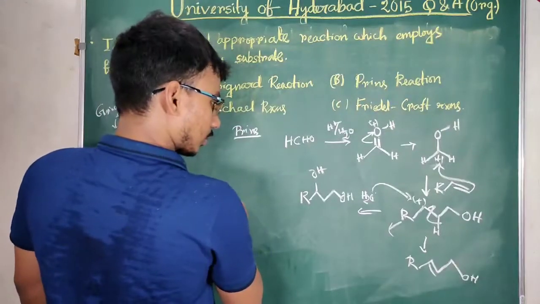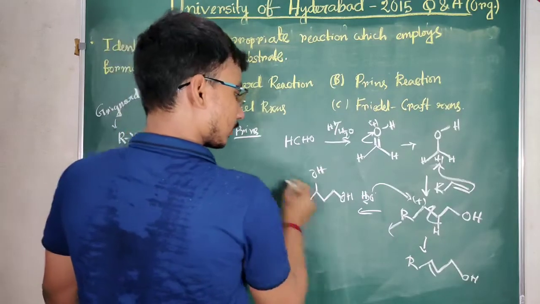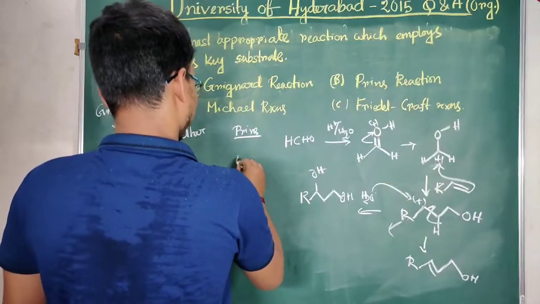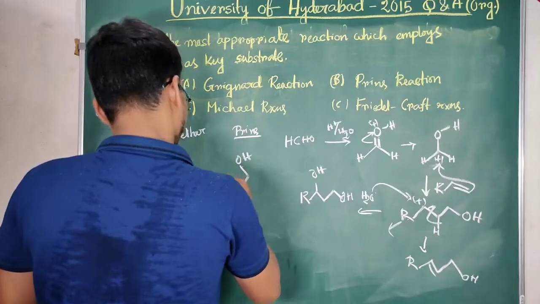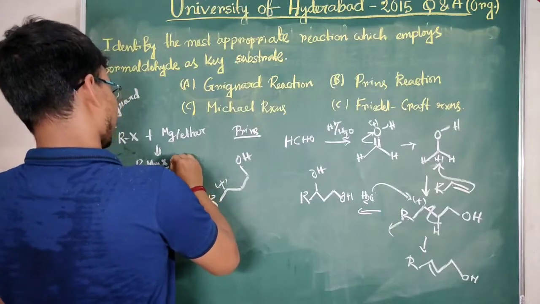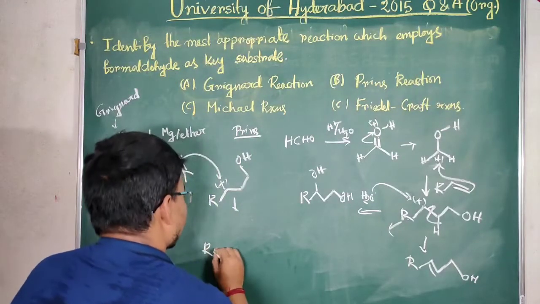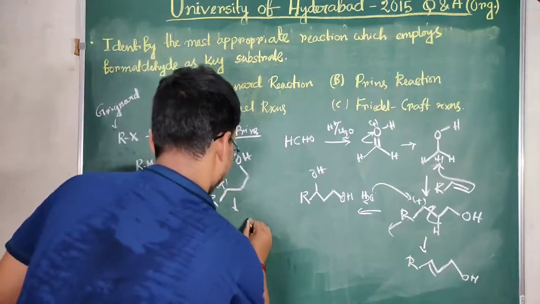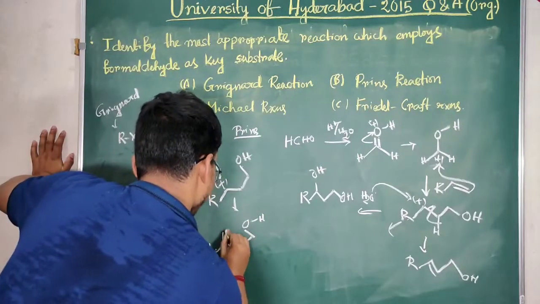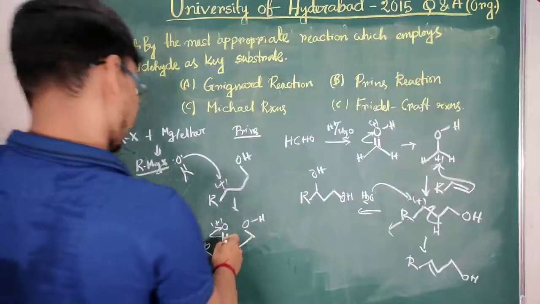If one, two, three, four. So here is a positive charge. If the starting formaldehyde attacks here, so what we will get? R, OH here, double bond, O positive.